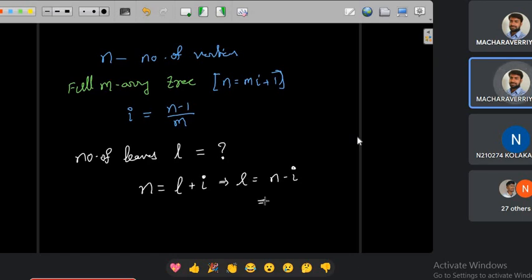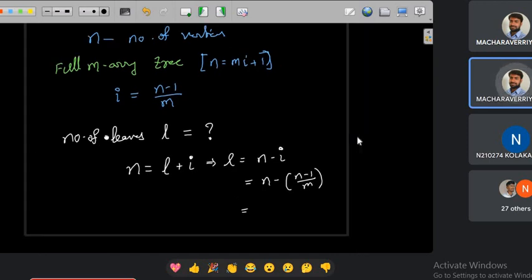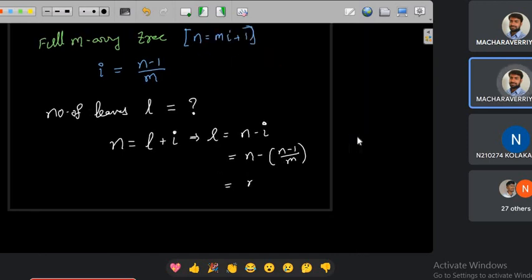Now, how do you write this i? We already wrote it here. This is n minus, what is it, (n minus 1) divided by m. Okay. So take the LCM, and if you simplify this, it will be equal to (mn minus n plus 1) by m. So finally, taking n out, ((m minus 1)n plus 1) divided by m.